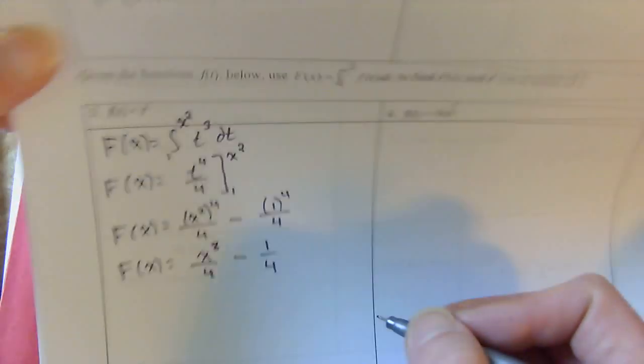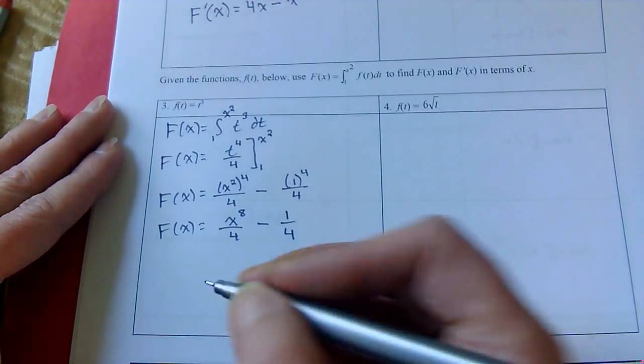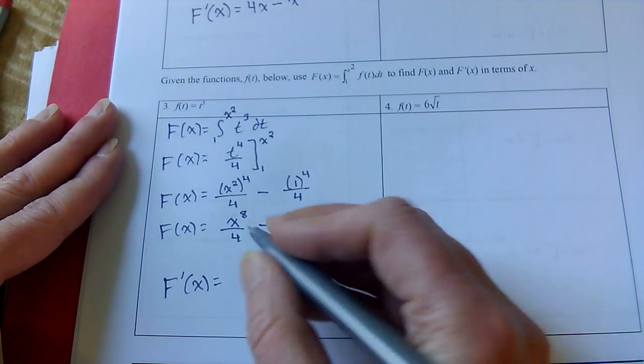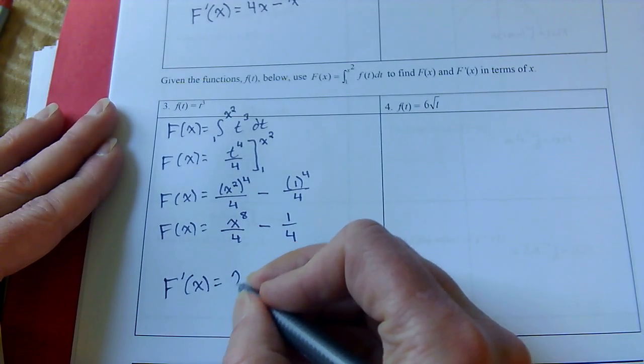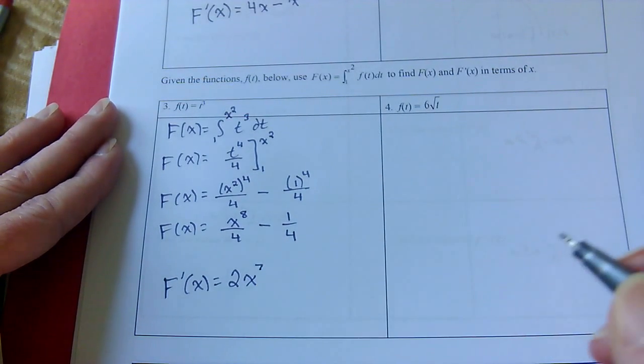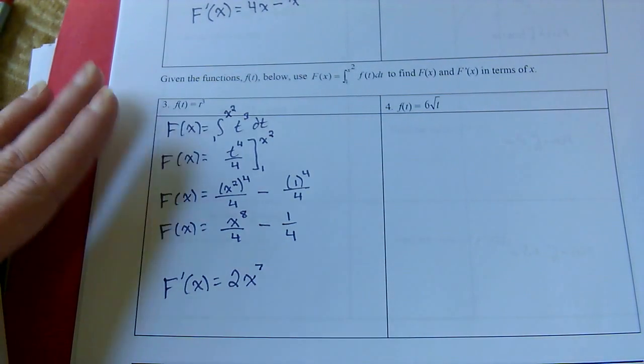Now let's see what happens if I take the derivative of this function that was defined by the integral. Power comes down, I'll get 2x to the 7th, plus 0.